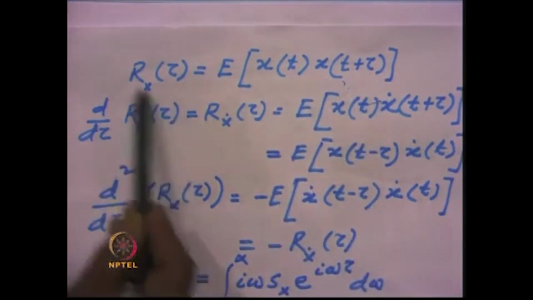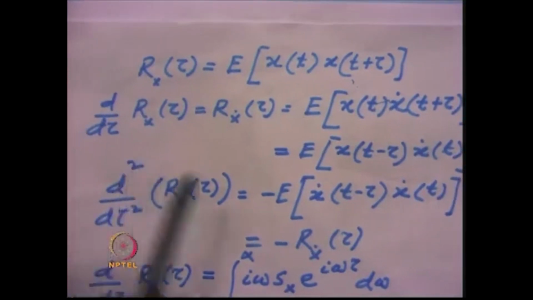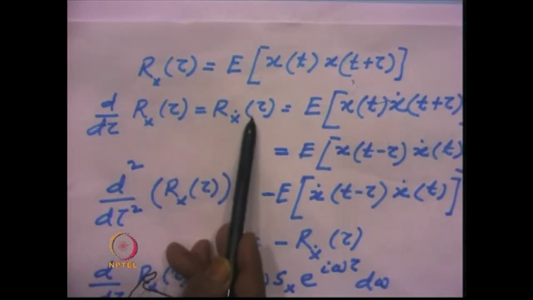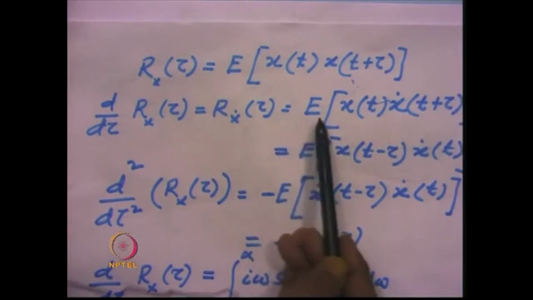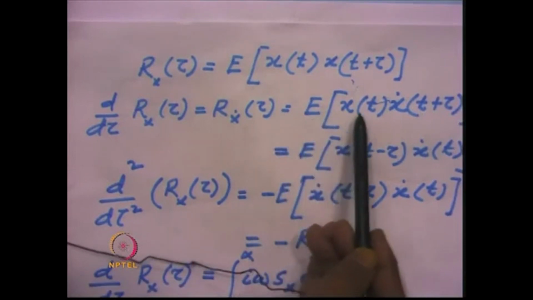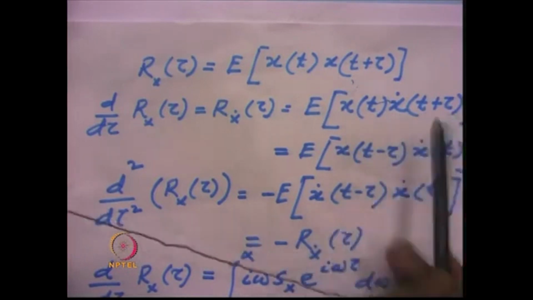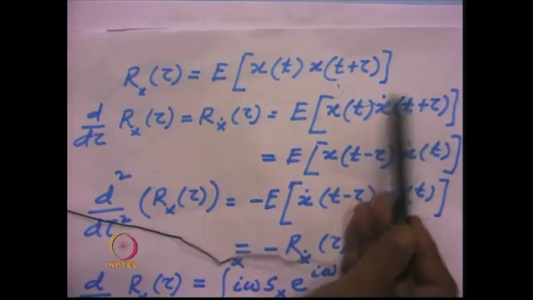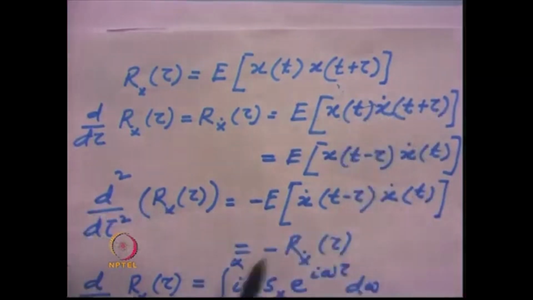Now, if I differentiate it with respect to tau, then it becomes r x dot tau, and this differentiation can be written as expected value of x t multiplied by x dot t plus tau, because tau is existing over here. Therefore, we differentiate this term and this becomes x dot t plus tau.